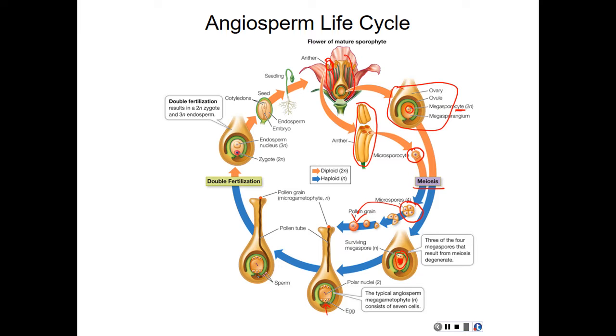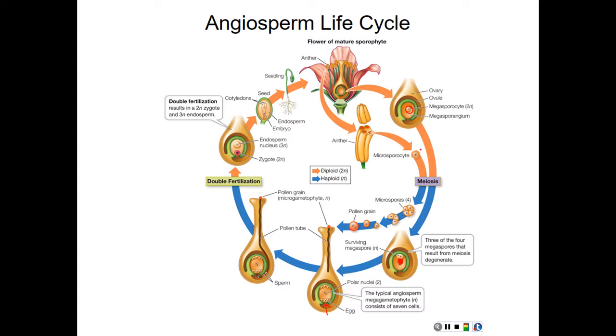Okay, so we have our male gametophyte, the pollen, and we have our female egg within the ovule. Now it's a matter of getting them together. In a flowering plant, this usually needs the help of some kind of pollinator, like a bee or like a bird, or wind, actually, there's lots of wind-pollinated angiosperms.